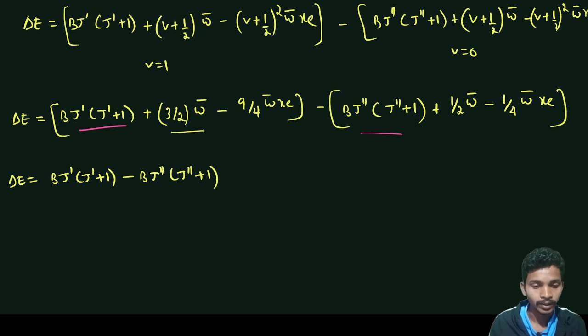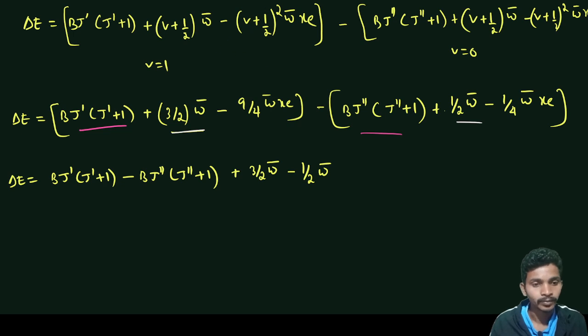Now I write the other values: plus 3 upon 2 omega, minus 1 upon 2 omega.